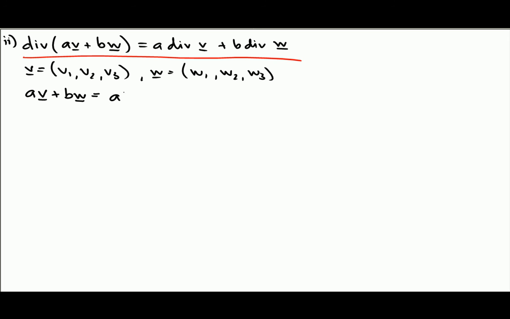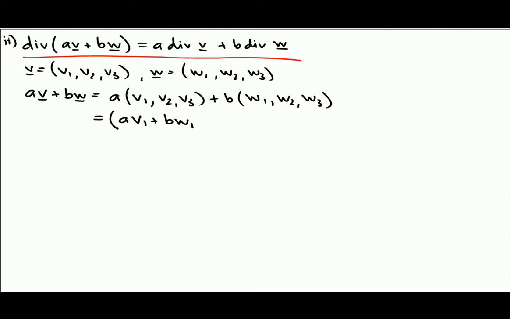So that will be a lots of v1, v2, v3 plus b lots of w1, w2, w3, which gives me a v1 plus b w1, a v2 plus b w2, a v3 plus b w3. So that's giving us the vector field av plus bw.